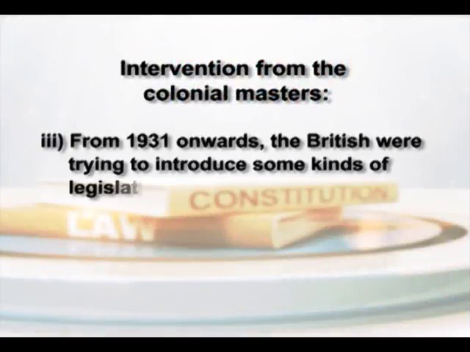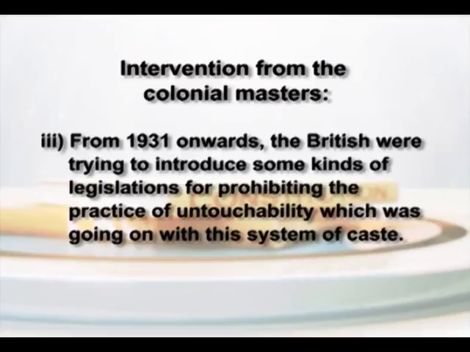Then the third kind of British intervention was from 1931 onwards. They were trying to introduce some kinds of legislations for prohibiting the practice of untouchability which was going on with this system of caste.